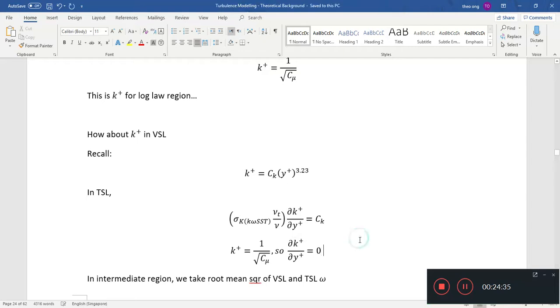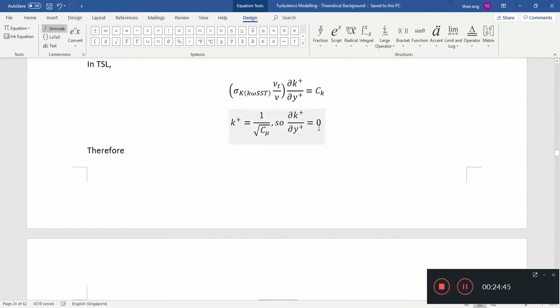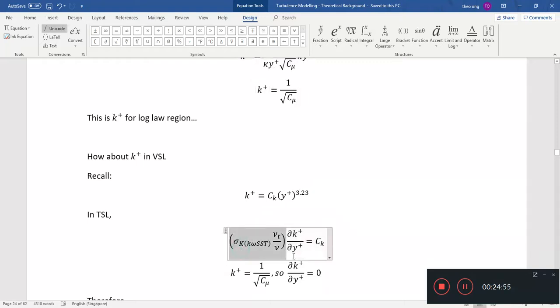Therefore, Ck equals 0, which fits very well with our intuition that there should be no turbulent kinetic energy in the viscous sublayer whatsoever. So at least if we are using this approach to dealing with the wall functions for k plus and omega plus, then we will get that.